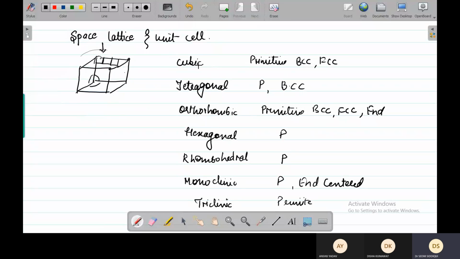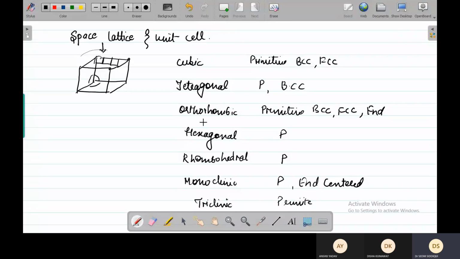Now, talking about the cubic, all the 3 axial distances are equal and all the angles are equal. In the case of tetragonal, 2 distances are equal and 1 is different, and all the 3 angles are going to be the same.